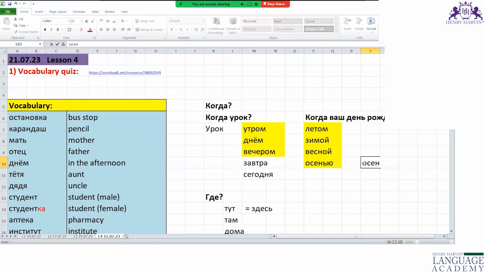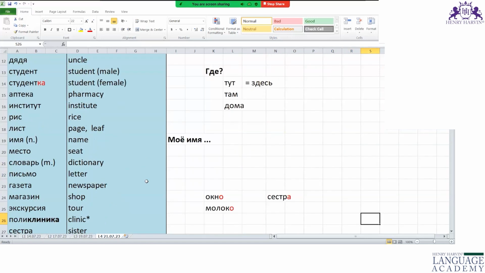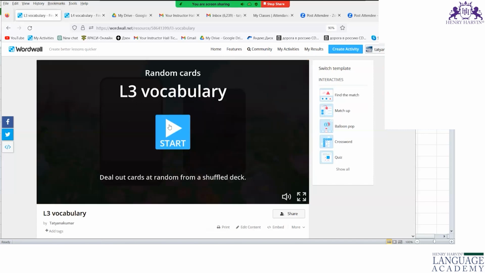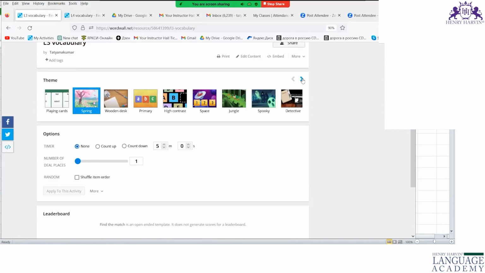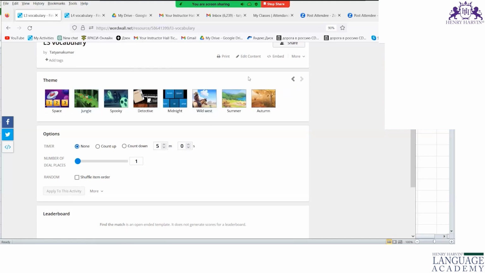Осень is autumn. By the way, it is feminine gender with a soft sign. Осень, autumn. Осенью in the autumn. How we change it here, it's an exception, right? Okay, so one more. Let's do the quiz from the last lesson, just to revise what we had.